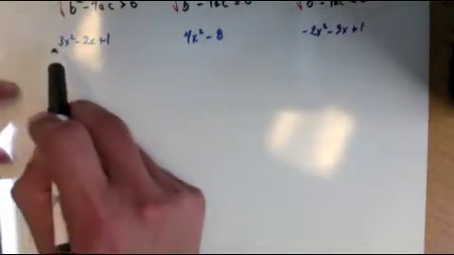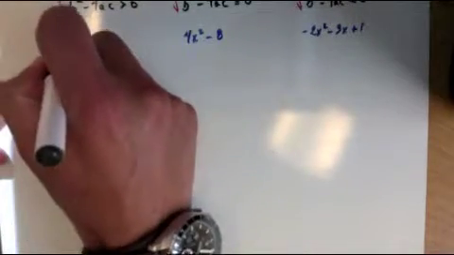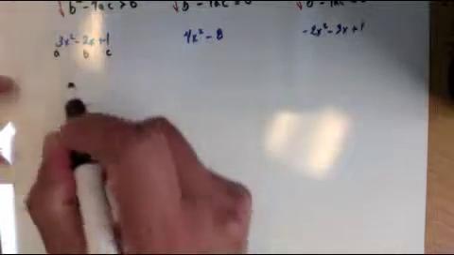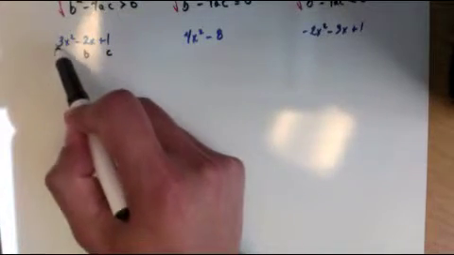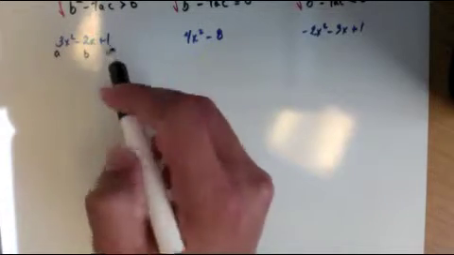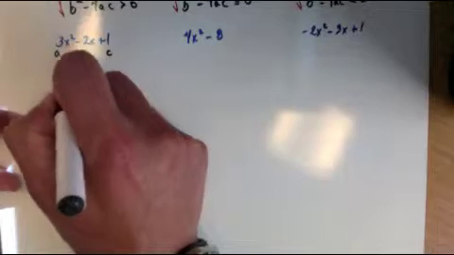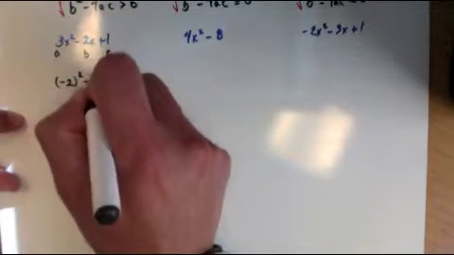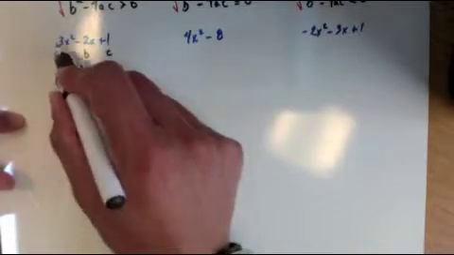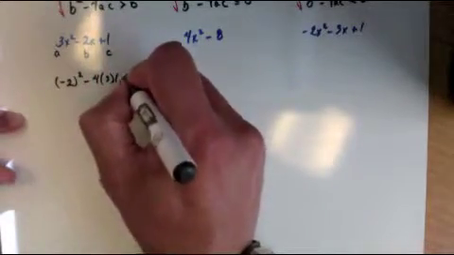Remember, x squared is always your a, the x is the b, and the letter by itself is the c. So b squared, it's going to be negative 2 squared, minus 4, letter A is 3, and letter C is 1.